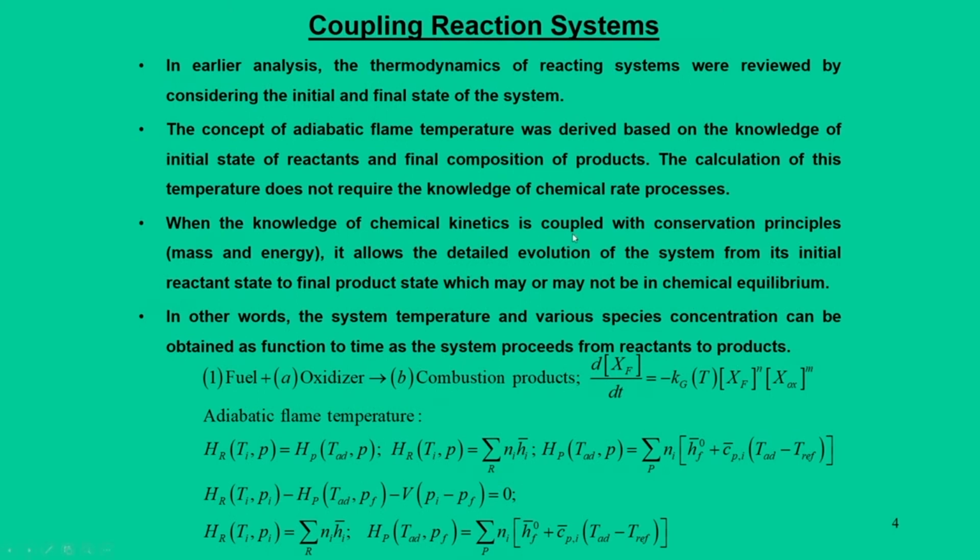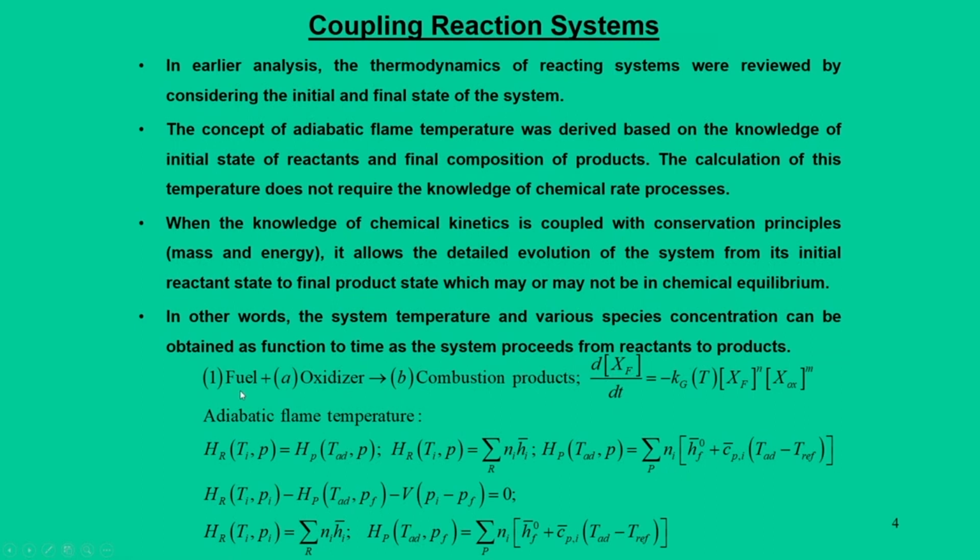So, the knowledge of chemical kinetics coupled through conservation principles allows us a detailed evolution of the system from its initial reactant state to the final product state, which may or may not be in chemical equilibrium. In other words, system temperature and various species concentrations have to be obtained with respect to time as the system proceeds from reactants to products.